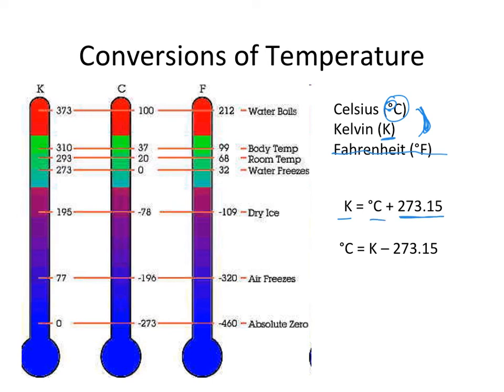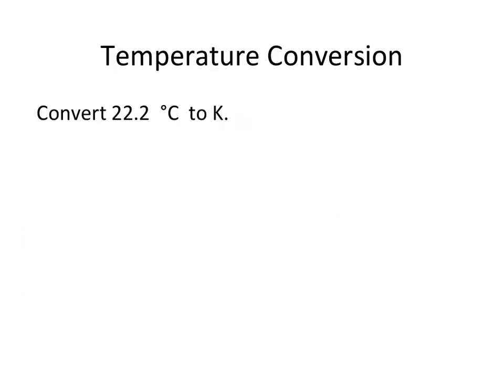Degrees C plus 273.15 is going to give you your temperature in Kelvin. So if I have a Celsius temperature, I add 273.15 to it, and I'm subsequently going to get Kelvin. Same thing, if I have a Kelvin temperature and I want to get into Celsius, I'm going to subtract 273.15 from that Kelvin value.